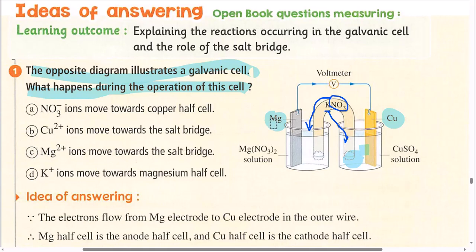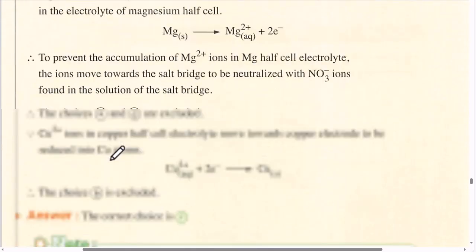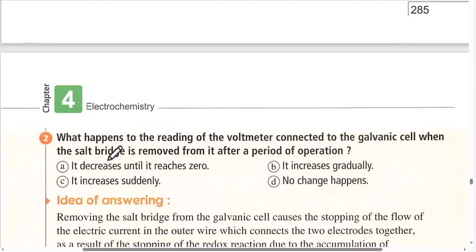Yes, the magnesium atom is oxidized into magnesium ion positive 2 and goes toward the salt bridge to be neutralized by the nitrate ion. Okay, so the correct one here is C. Magnesium ions move towards the salt bridge.